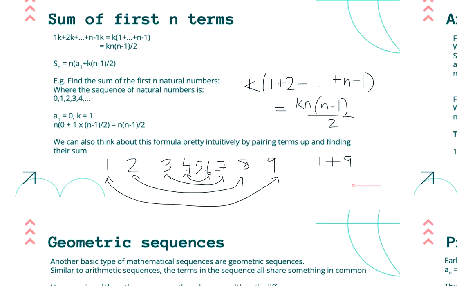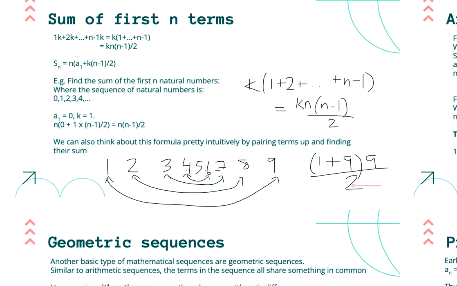And then we're left to ask, how many pairs are there? Well, there's 1 and 9, that's 1, 2 and 8, that's 2, 3 and 7, that's 3, 4 and 6, that's 4, and then 5 is half a pair, so that's 4.5 pairs, right? Which is the number of terms divided by 2. So we're just going to multiply that by 9 divided by 2.